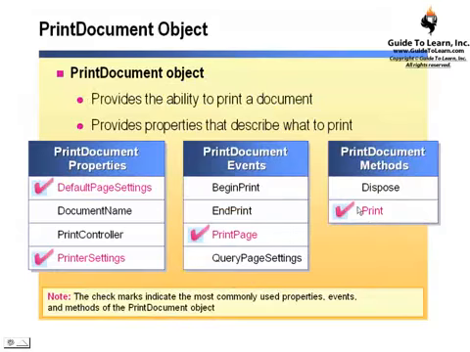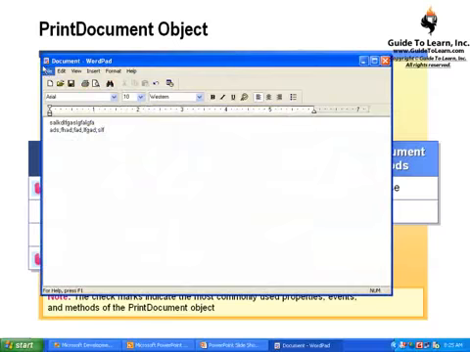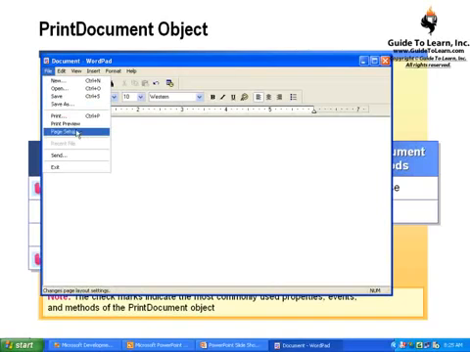So let's first talk about the print document object. The print document object provides the ability to print a document and provides properties that describe what to print. The print document object properties would be as follows. Like default page setting. If you want to just manipulate a page setting, I can go to the page setup on the WordPad menu as you see here on my screen.